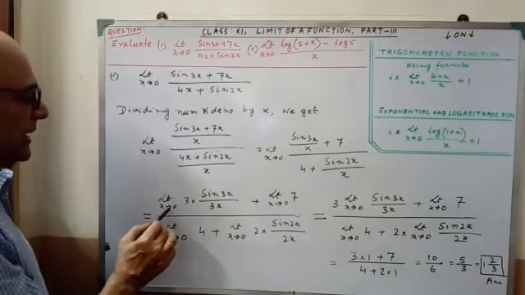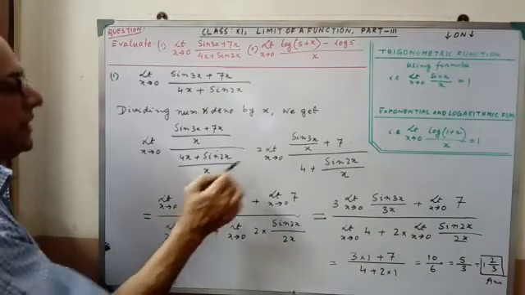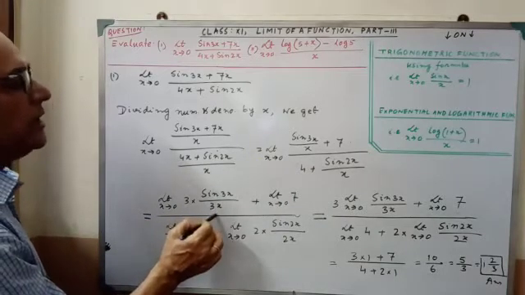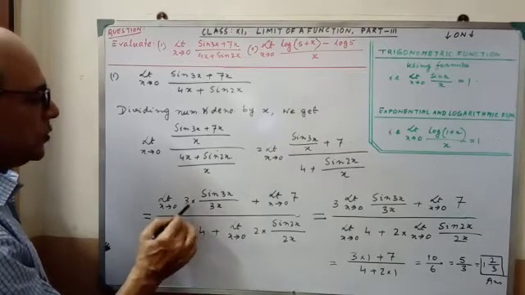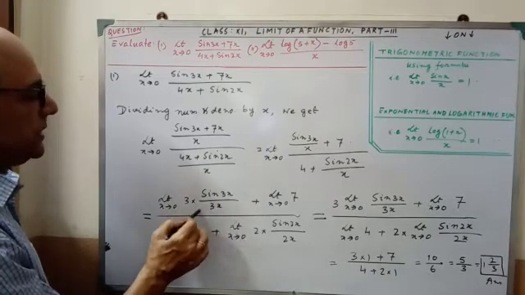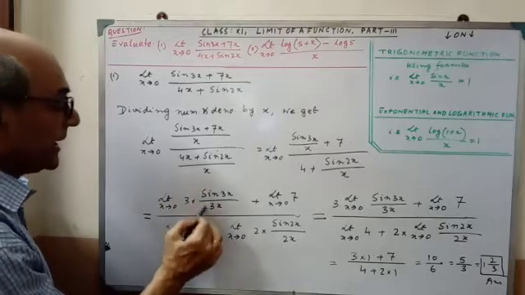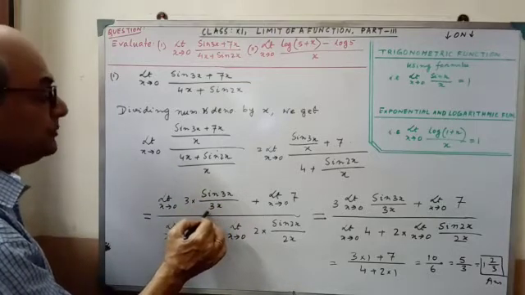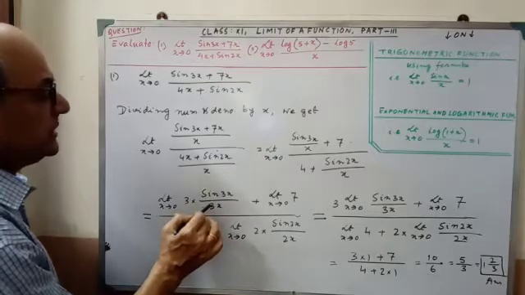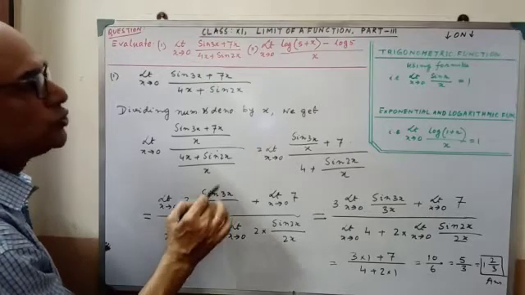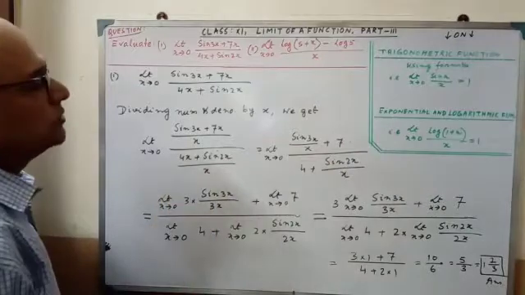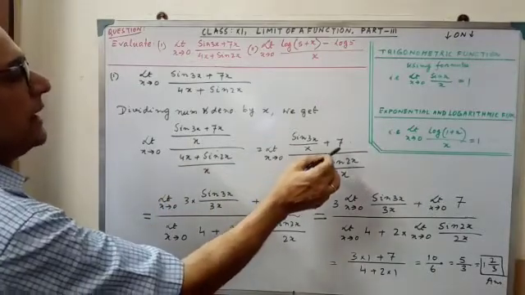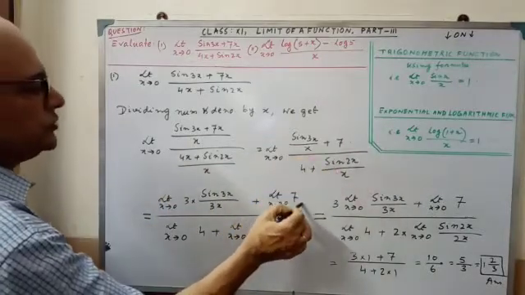See, limit x tends to 0. If I write 3 here, for balance of this 3, we are writing 3. This 3 will be cancelled and we will get the frame of the formula. In this way, we have to express the expression to bring the frame of the formula. And next, plus 7, limit x tends to 0.